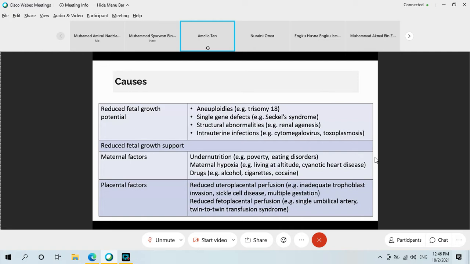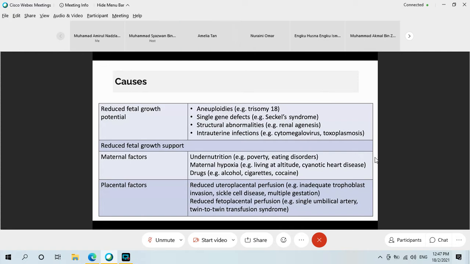For reduced fetoplacental perfusion, the examples are single umbilical artery, which normally should be two, and twin-to-twin transfusion syndrome. All of these conditions will reduce the oxygen and nutrient supply to the babies and thus reduce the growth of tissue and organ.